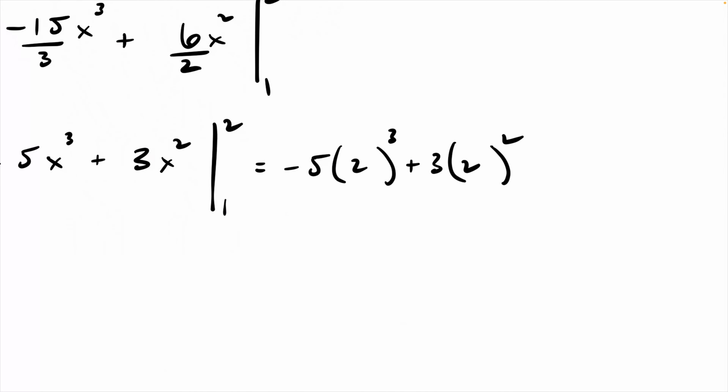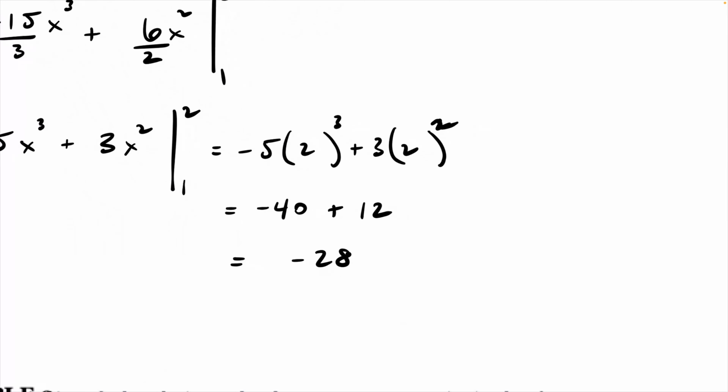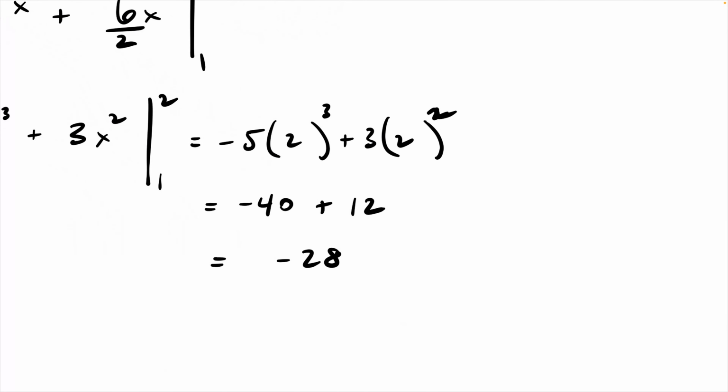So 2 cubed is 8 times negative 5 is negative 40. 2 squared is 4 times 3 is 12. That would be negative 28. Okay, I'm going to subtract that.